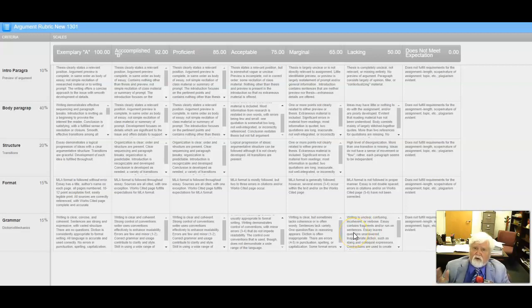So you need to make sure that when you proofread your essay, and proofreading is important, which is why I want to conclude this lecture with this particular point. When you proofread your essay, when you edit your essay, do so with a very careful eye.